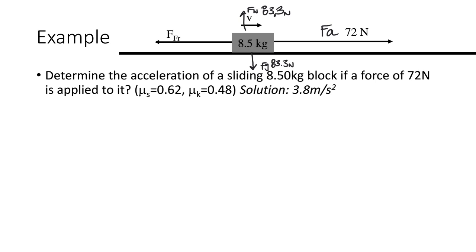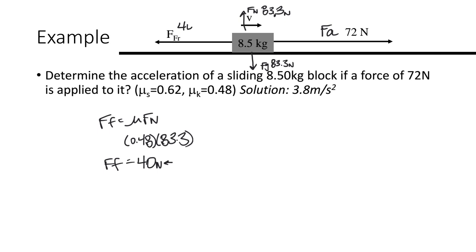And in order to do that, I need to find the force of friction. So since it's already sliding, I'll do the kinetic friction times our force normal, which gives us a force of friction of 40 newtons.